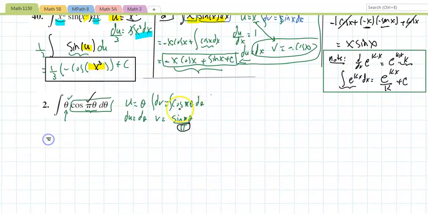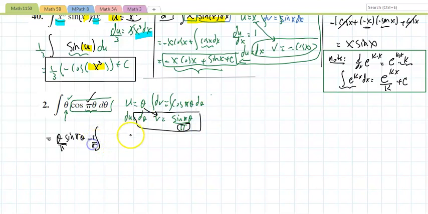This turns out to be u times v right there. That turns out to be theta, the sine of pi theta over pi, minus the integral of v du. And that's going to be 1 over pi. I'm going to drag up front because that's a constant.